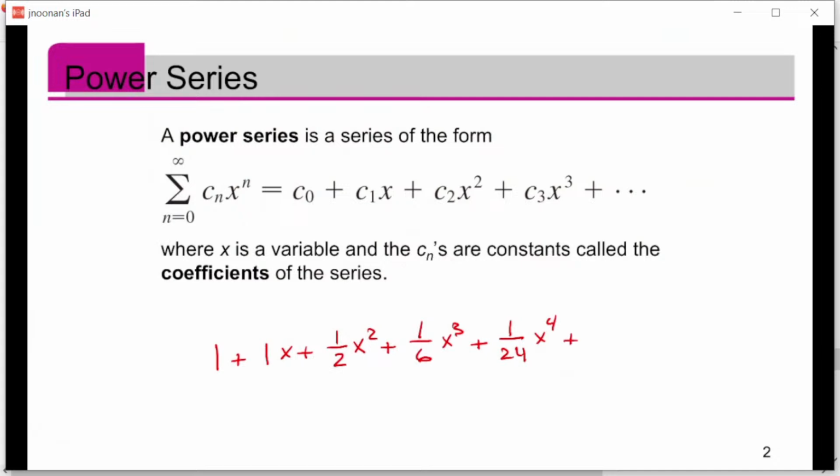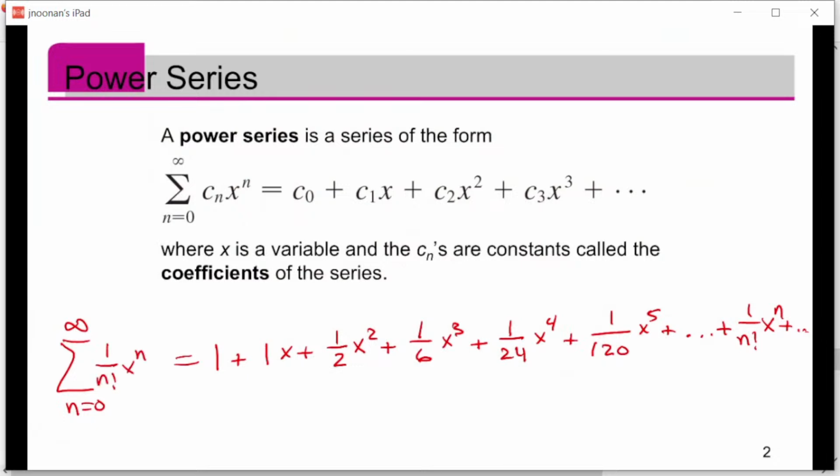And if you're not sure what this sequence of numbers is, I'll tell you. It's 1 over n factorial, x to the n. So this particular power series could be written like this.